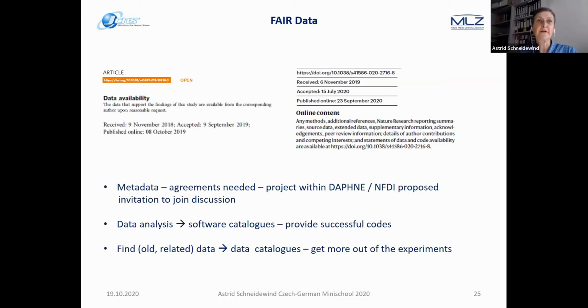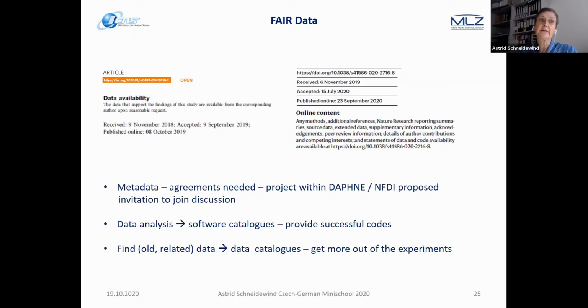Other aspects of this proposal are software catalogs, where successful codes will be probably collected and provided for beginners or for less experienced users to apply these codes onto new experiments, for sure on the basis of metadata and data structure agreements.